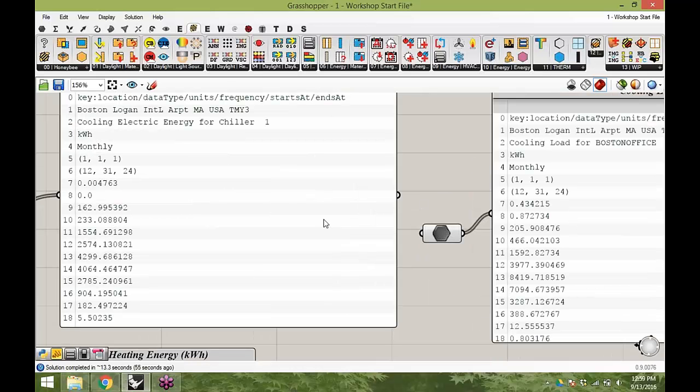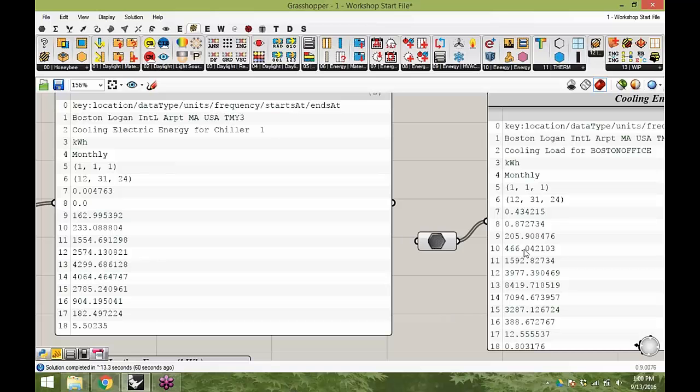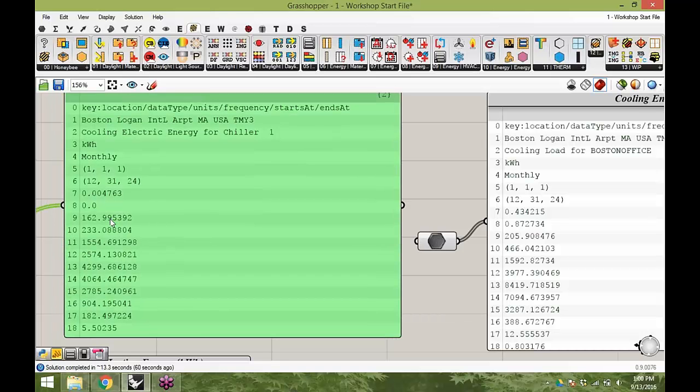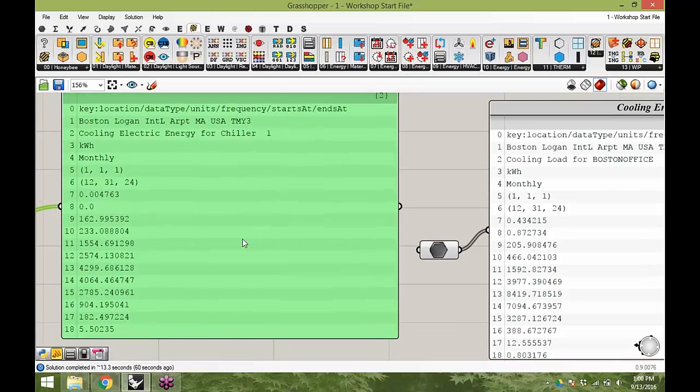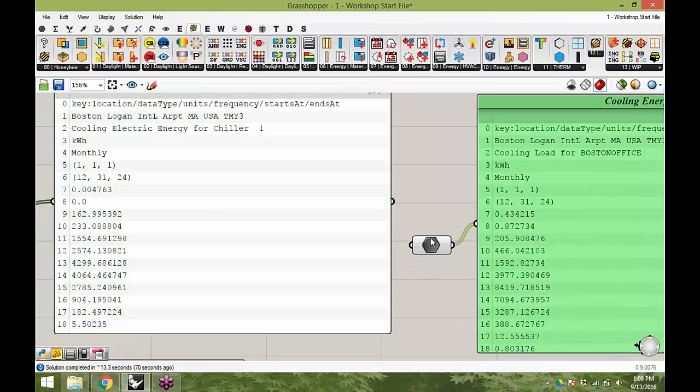Another thing you'll notice is that, even though we're generally seeing similar trends, like we're not cooling too much in winter and we're cooling a lot in the summer, a lot of the time the cooling energy of the full HVAC system is less than the cooling energy of the ideal air system.